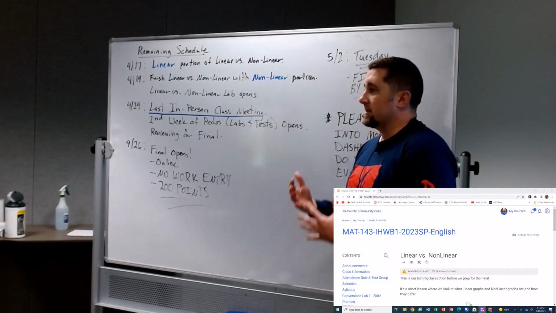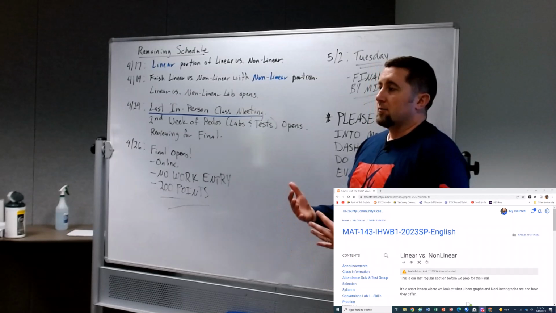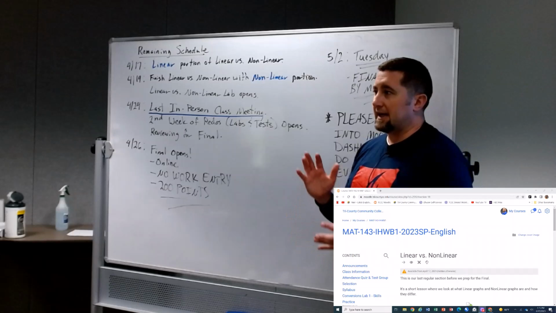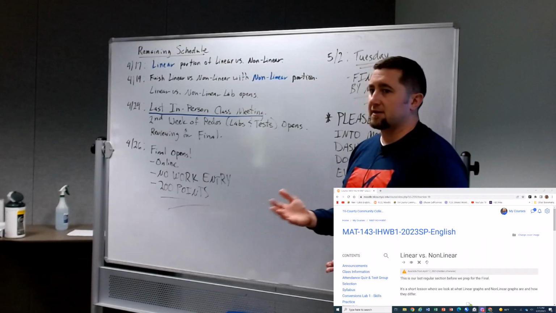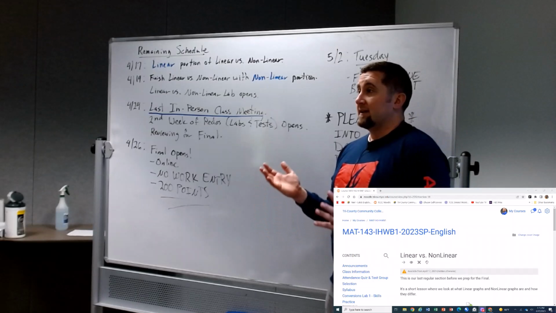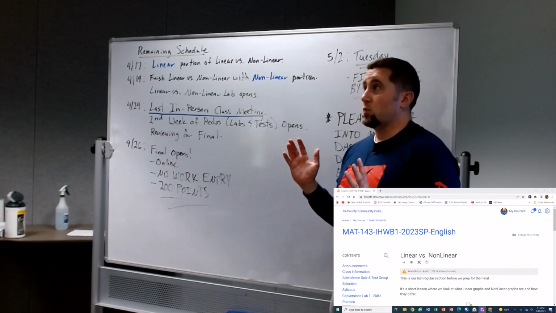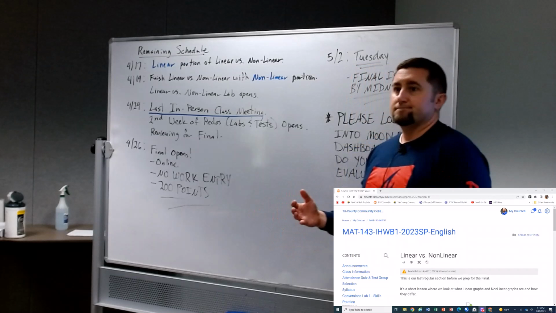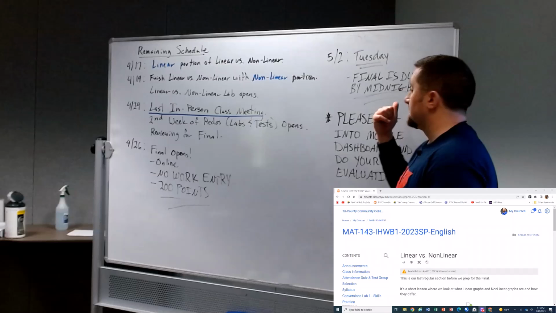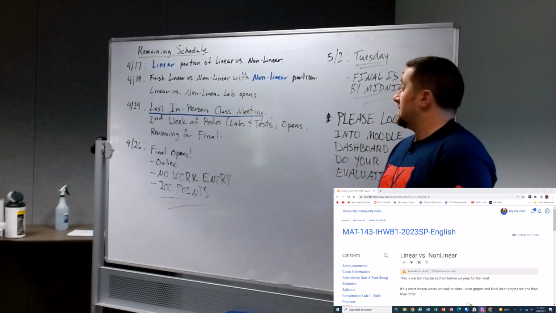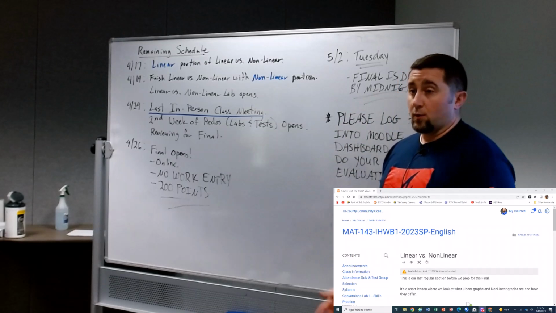But sometimes Moodle does maintenance at anywhere between 10 to 11 o'clock at night. So my suggestion is don't wait until 11:30 on May the 2nd to turn that in, okay? Get it done before then, please.